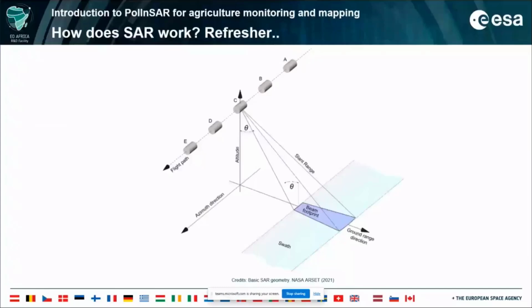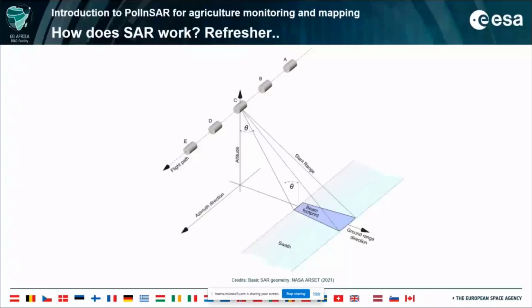While talking about SAR polarimetry and PolInSAR, we need to refresh the knowledge about the SAR geometry itself. You can see from this picture that SAR uses an antenna mounted on a satellite or aircraft that moves along a straight path, known as the azimuth.